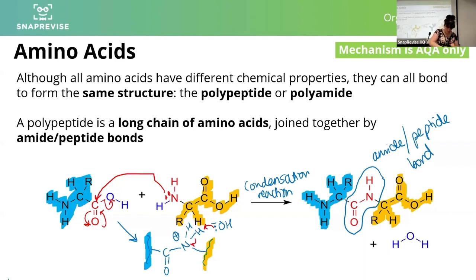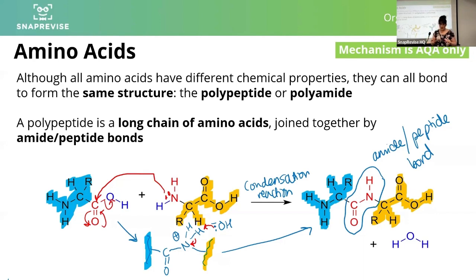The electrons that belonged to that hydrogen nitrogen bond can return to the nitrogen to resolve that positive charge that was on the nitrogen. And then we do end up with our amine. So that's resolving that middle intermediate stage there.